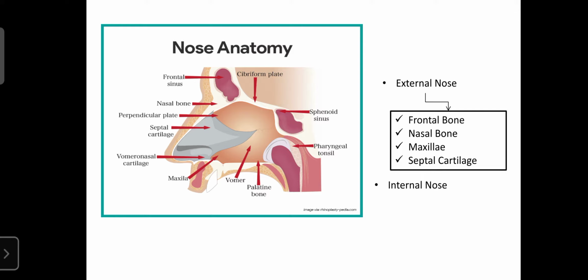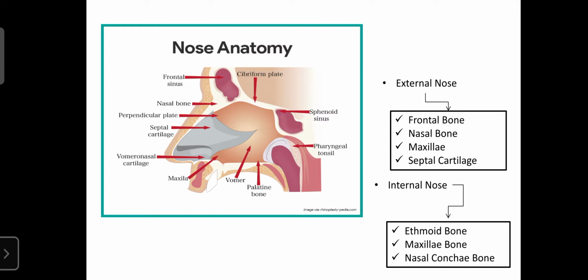Regarding the internal nose, the framework is formed by the ethmoid bone, maxilla bone and nasal concha bone. So these different bones are responsible for forming the framework of the external nose as well as the internal nose.